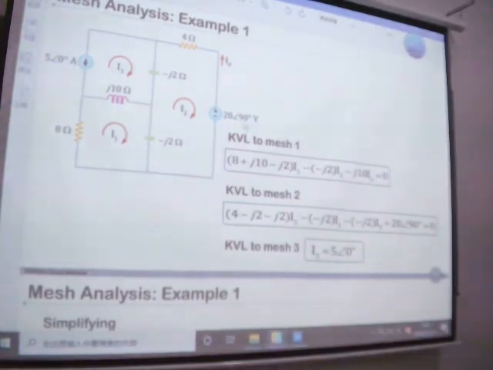And you also can put this one to the left hand side, and it will become positive. Okay? And for loop 3, we have I3 times 10j. But here we just use KVL for mesh 3, and we already know I3, so I put I3 as 5 angle 0 inside, and we get this.